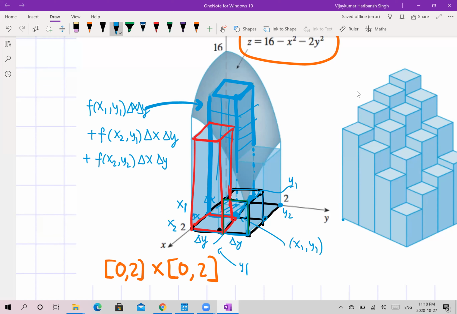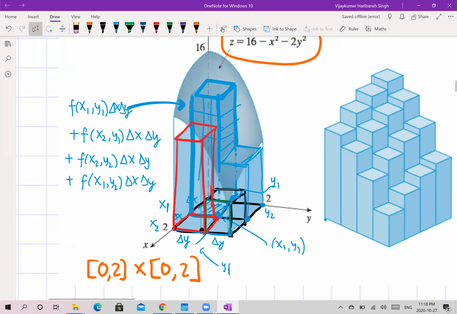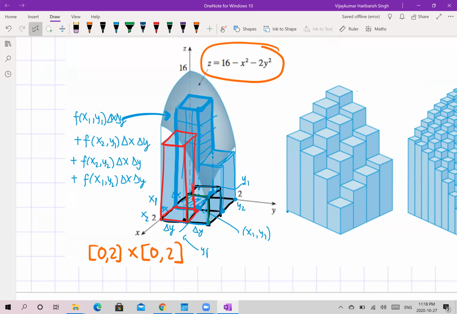And for the third one, we get this rectangular parallelepiped, where the height is given by f of x1, y2, delta x, delta y. So when you add, you get the sum of the volumes of these four rectangular parallelepipeds, although this is a very coarse approximation, as you can see.